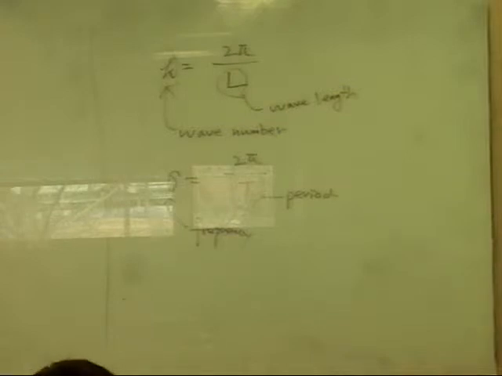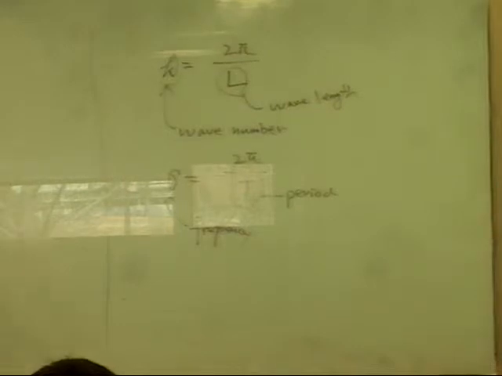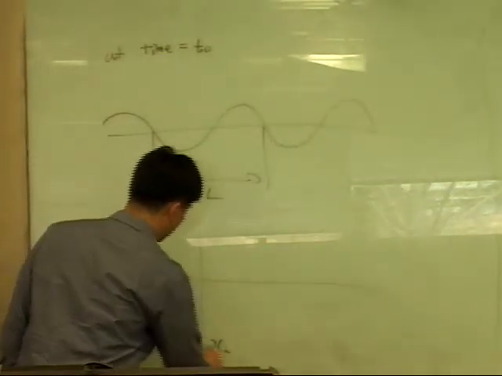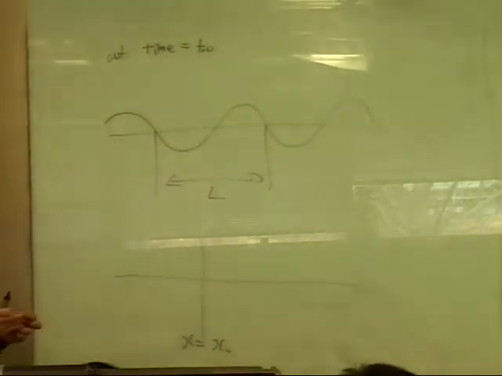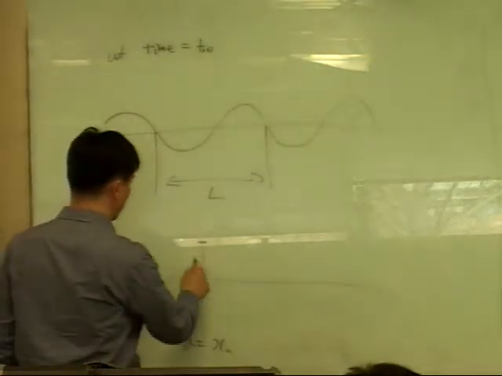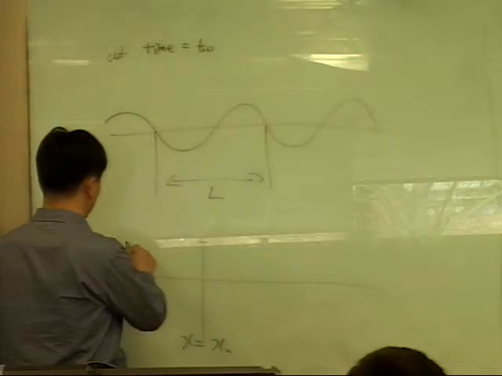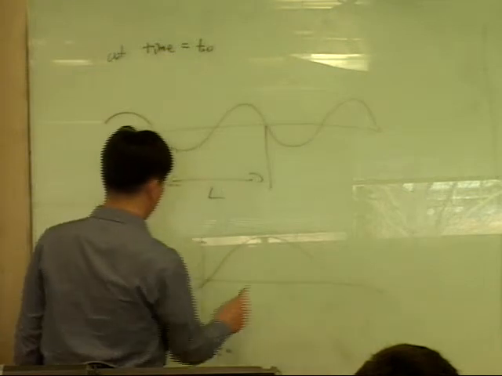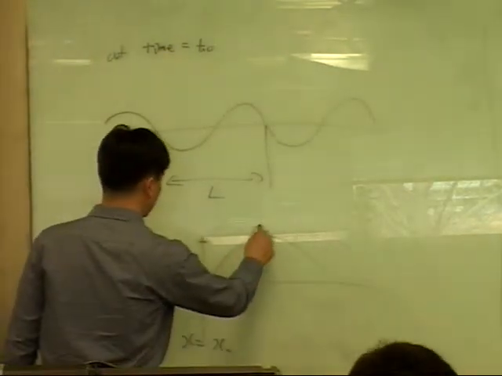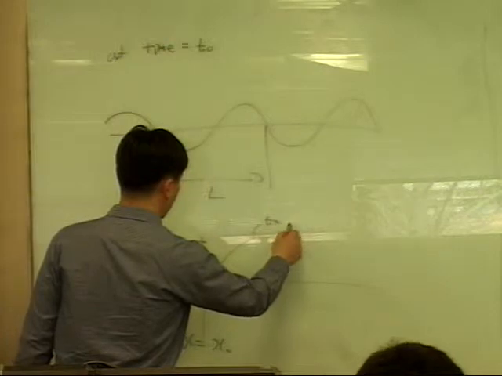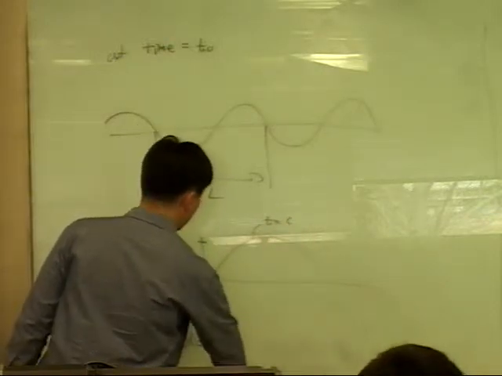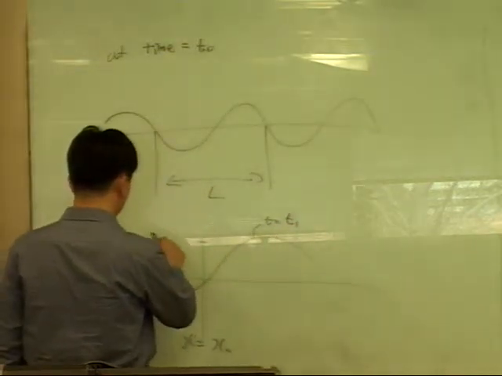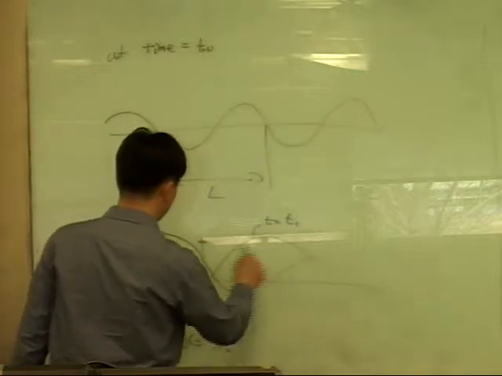And second, just fix some position, x equal x0, and look at how it varies at this point. Let's say this is a time equal t1, and this is a time equal t2.